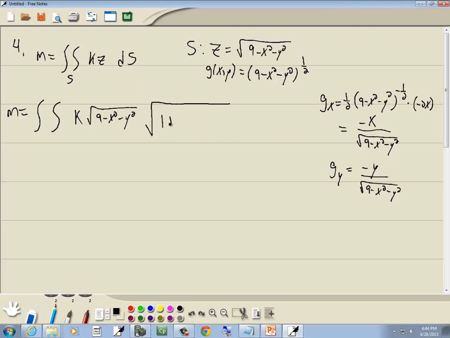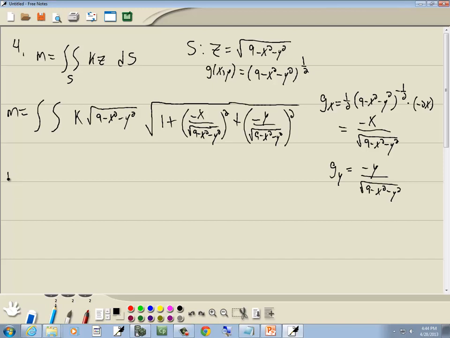So we're going to have 1 plus partial of g with respect to x squared. So we've got negative x over square root of 9 minus x squared minus y squared, squared, plus partial with respect to y squared. So 9 minus x squared minus y squared, squared.